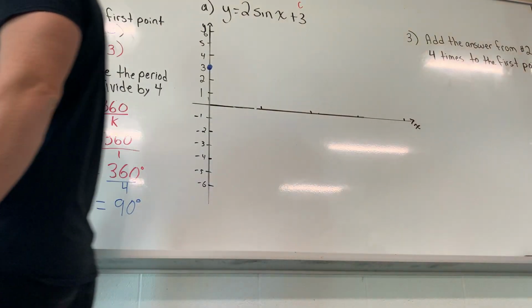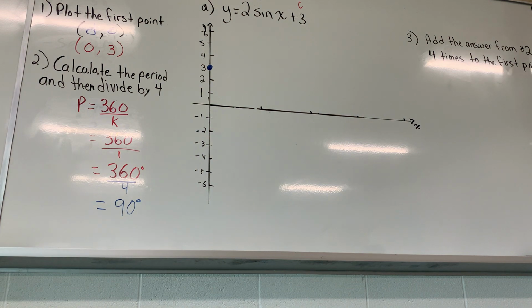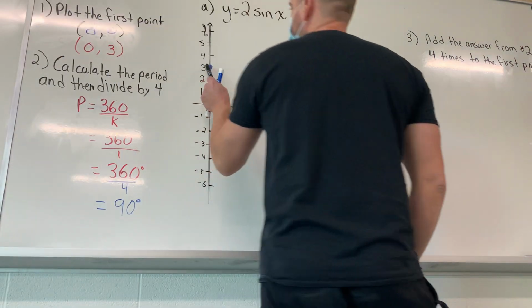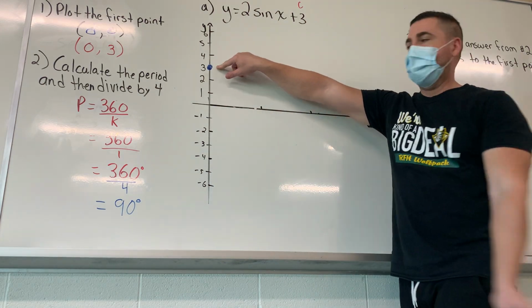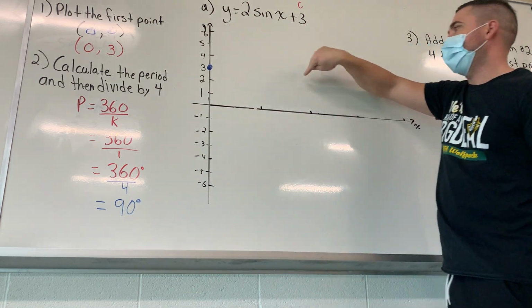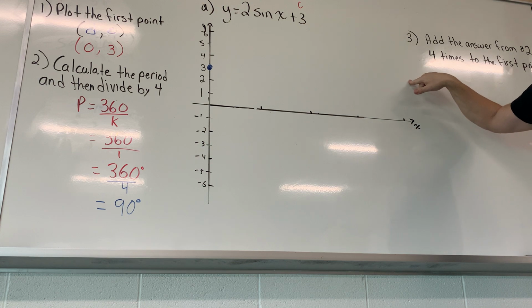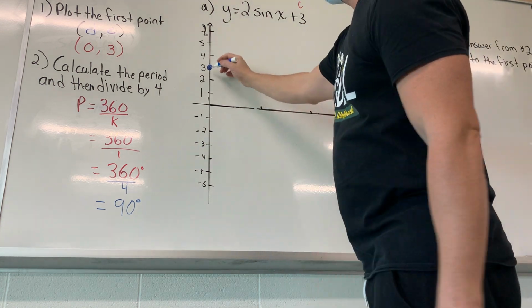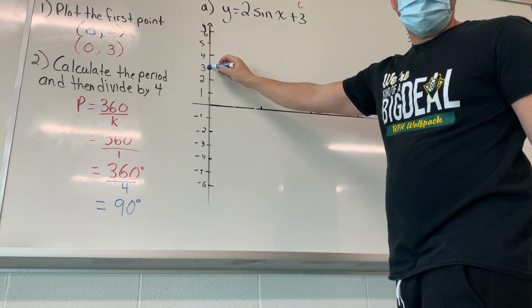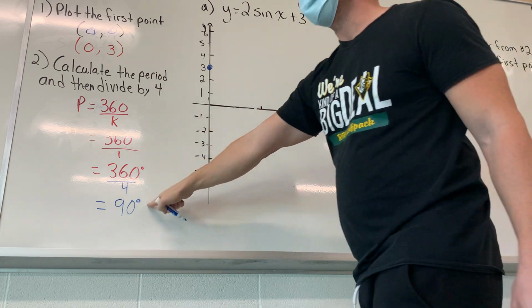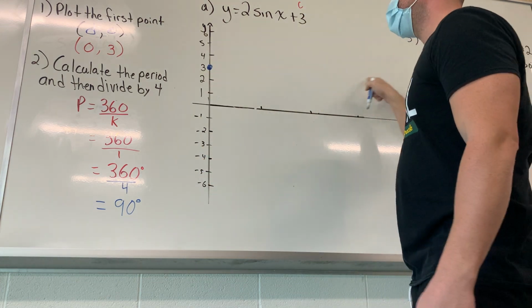Okay, so then we're gonna take the answer from step 2 and add it to the first point 4 times. We're at 0 degrees here. So we're gonna add 90 4 times, and each time we're gonna put a dot. So if I go from 0 and 3, I'm gonna add 90 degrees 4 times.